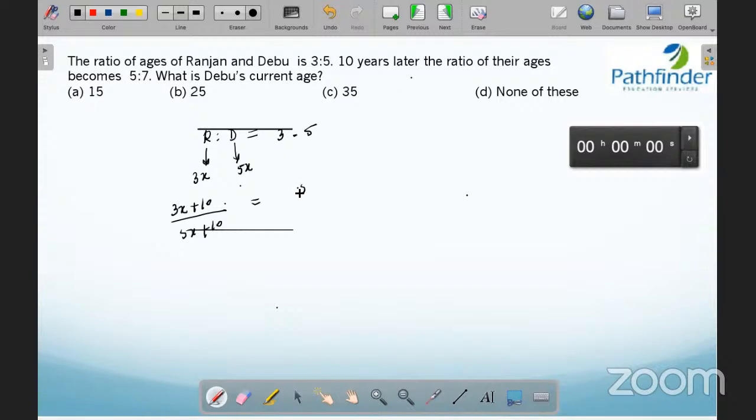The ratio of their ages is then 5:7. So (3x plus 10) upon (5x plus 10) must be equal to 5 by 7.